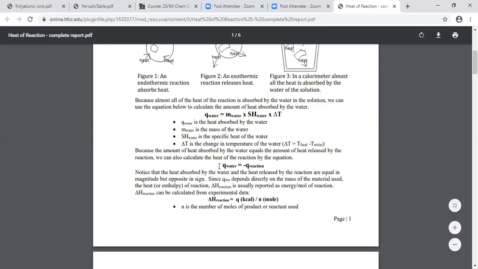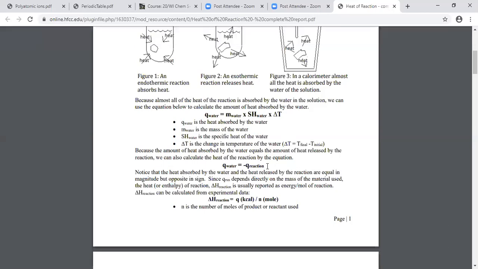We are going to be looking at Q water equaling a negative Q of the reaction. If we read through here, the heat absorbed is equal to the magnitude of the opposite in sign. It depends on the heat, and so it's usually reported as negative. So that's why it says negative Q, okay?